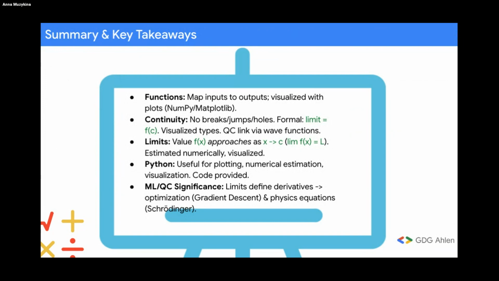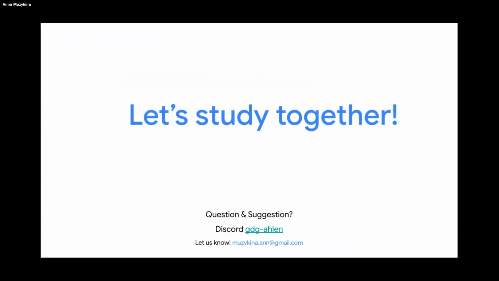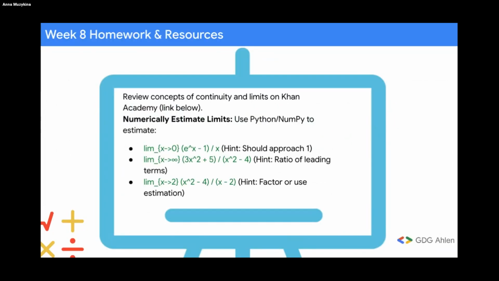We estimated them numerically and visualized them using Python. Python is a great tool for exploring these concepts with the provided code examples. Limits are fundamental to AI and quantum computing because they define derivatives, essential for optimization in AI and describing dynamics in quantum physics. To help solidify these concepts, here are some practical exercises and resources for further study.